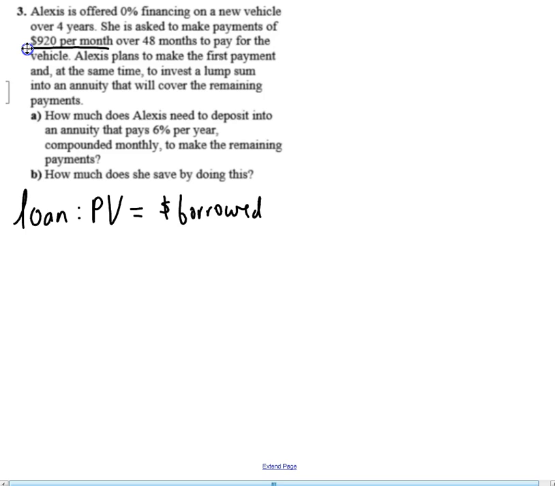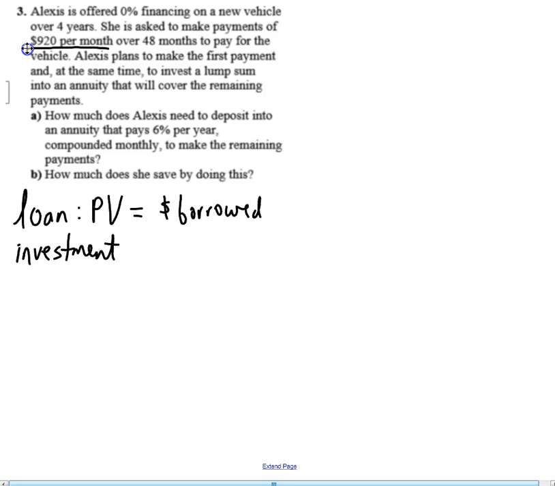In this case, the vehicle would be the value borrowed. However, since it's 0% financing, all she's paying off is the principal, but she's paying it off in such a way that her investment makes the payments for her.